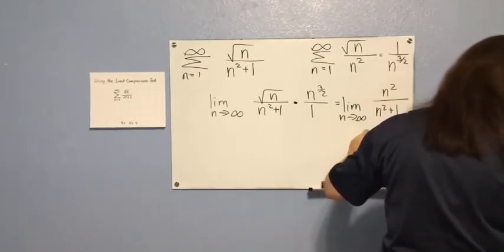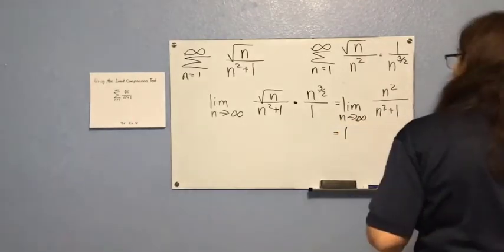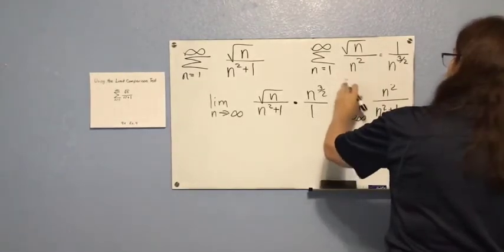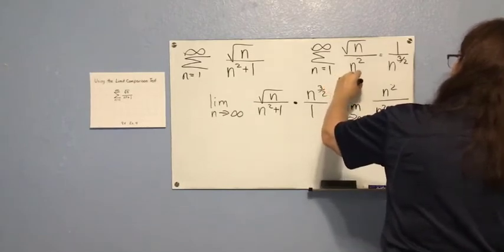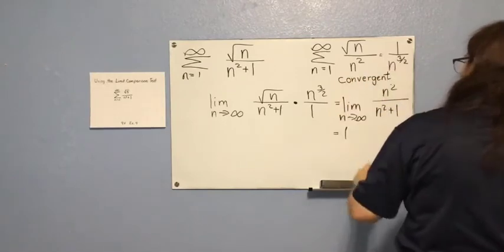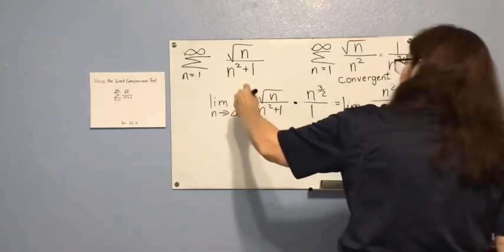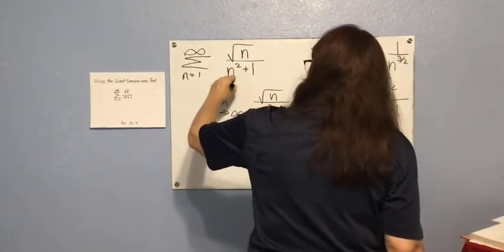So the limit is 1. And since we know that this series was convergent, and we did get a limit that's greater than 0, this series must also be convergent.